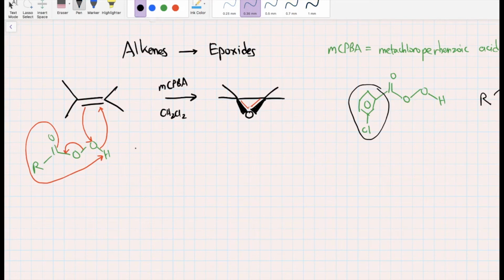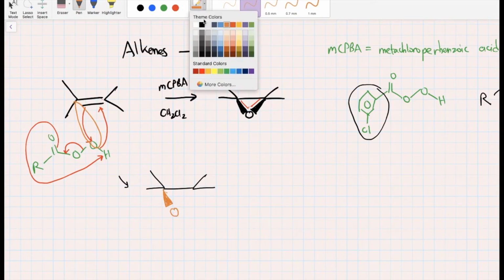So once that happens, let's go ahead and draw it on the side. Once that happens, you're going to have a single bond here, right? I'm going to start drawing it in interesting colors so that it's easier to see. This arrow pushing reaction right here is going to result in this thing right here. Let's figure out some more colors we can use.